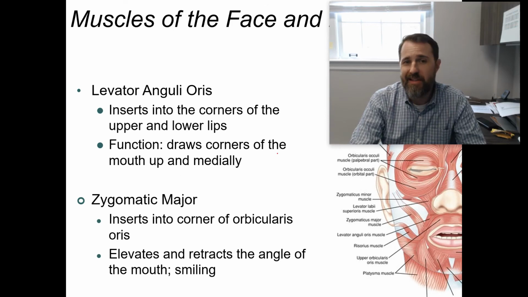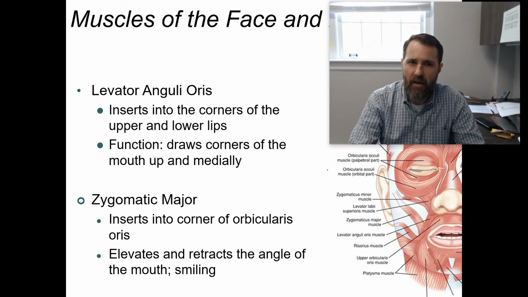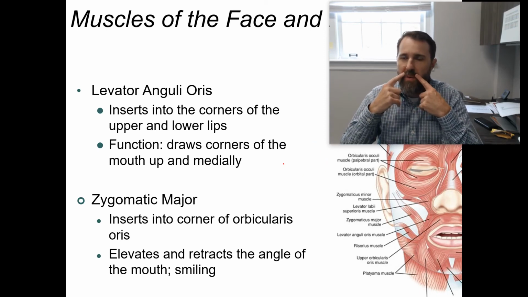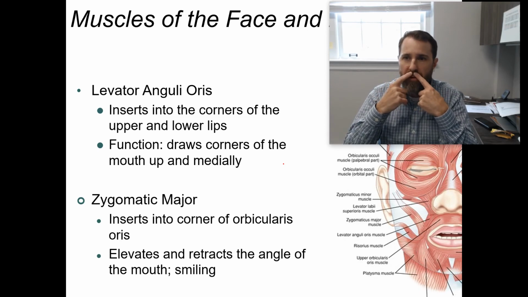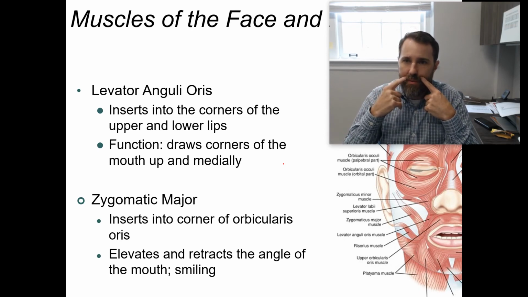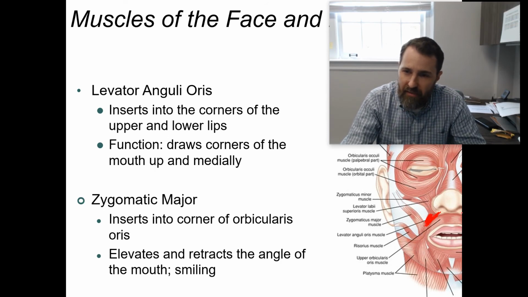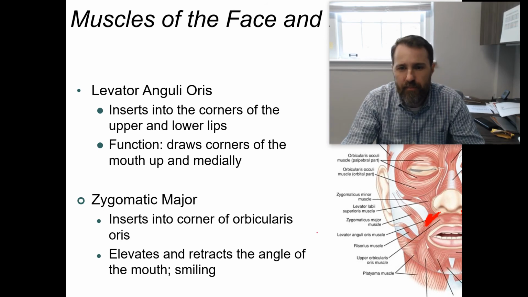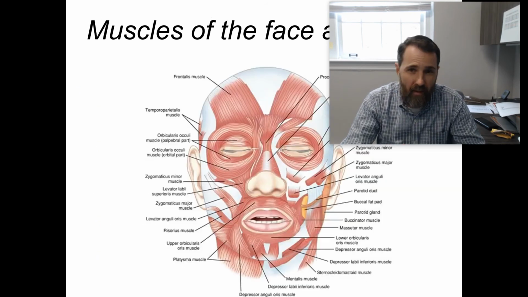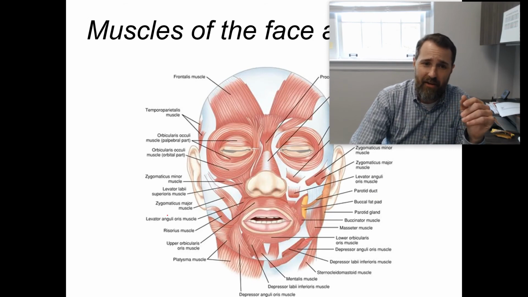So the next muscle is the levator anguli oris. This is a muscle that originates more medially and then courses down from the medial part of your face to insert into the corners of the mouth. So if we were to look at it here, it is right there. And you have a right and a left, so there would be one over here as well. So levator anguli oris.